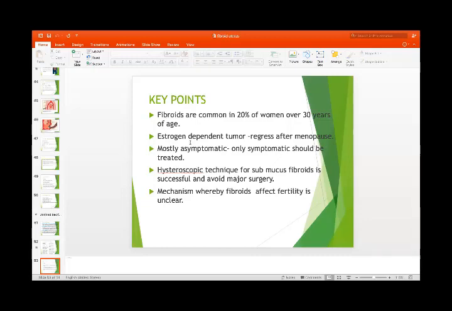While surgery, it may be conservative or definitive radical surgery. Conservative is myomectomy and radical surgery is hysterectomy. In myomectomy, we will only remove the fibroid. It can be done by abdominal or vaginal route or by endoscopy, both by laparoscopy and hysteroscopy.